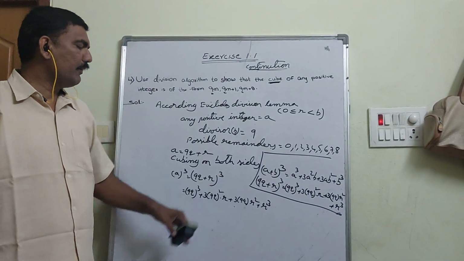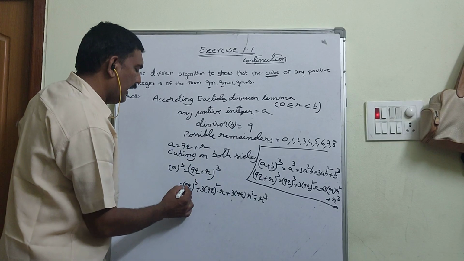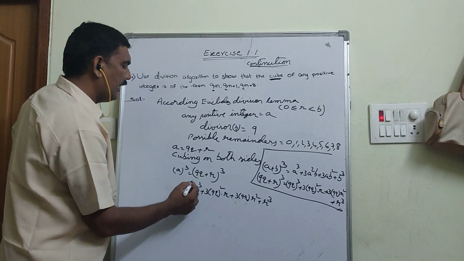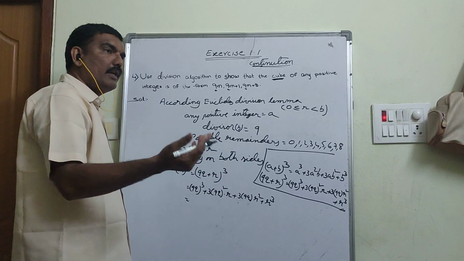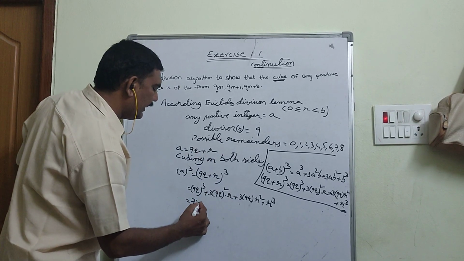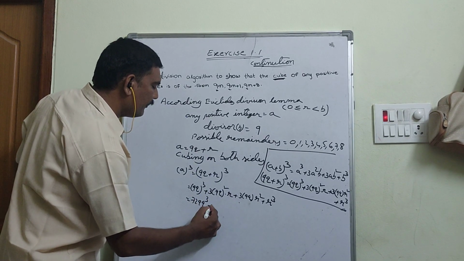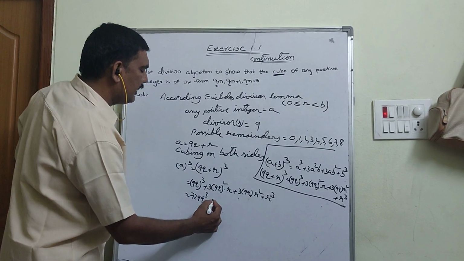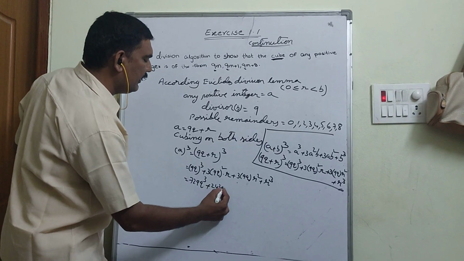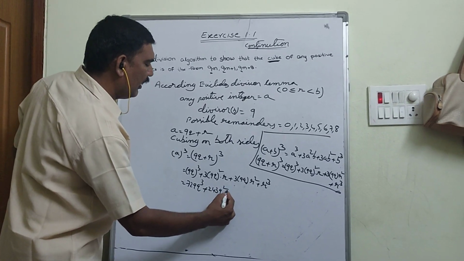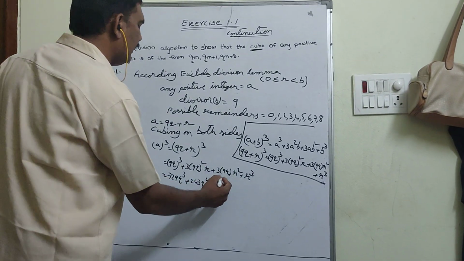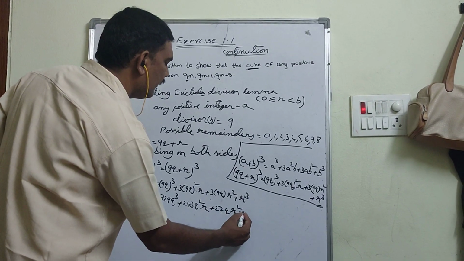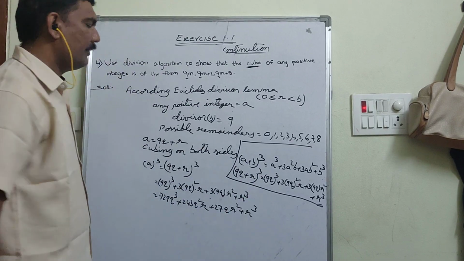We should simplify this one. 9q whole cube: 9 cube means 9 nines are 81, 81 nines are 729, q cube. 9q whole square is 81, 81 threes are 243 q square r, and here 27 q r square plus r cube.